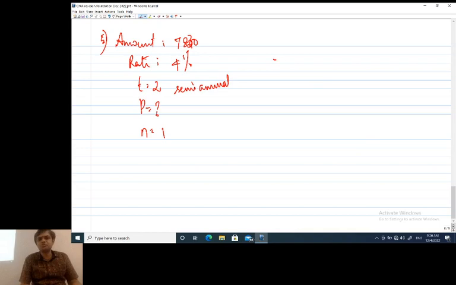Okay, so on substitution, 7830 equals P into 1.04. But you cannot take it like this, it will be 1.02, 1 plus 4 by 200. So 1.02, 4 by 200 is 0.02. So 1.02, the whole power 2 into 1. 7830 equals P into 1.02 squared.